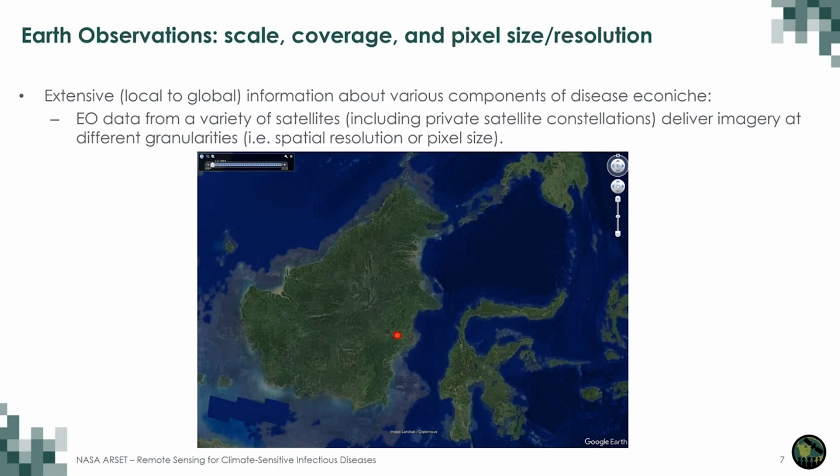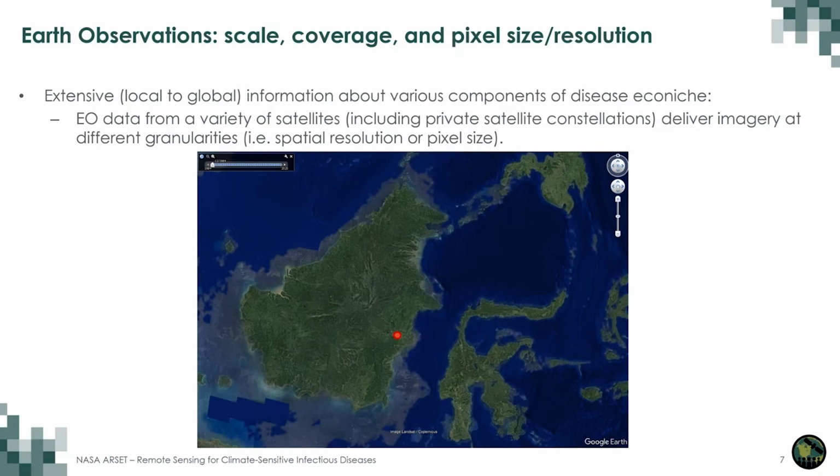Earth observation data come from a variety of satellites, and it includes NASA assets, other space agency assets, as well as private satellite constellations that deliver imagery, pictures of Earth, at very different granularities, which we refer to as spatial resolution or pixel size.